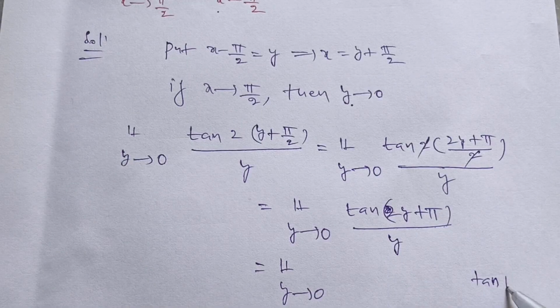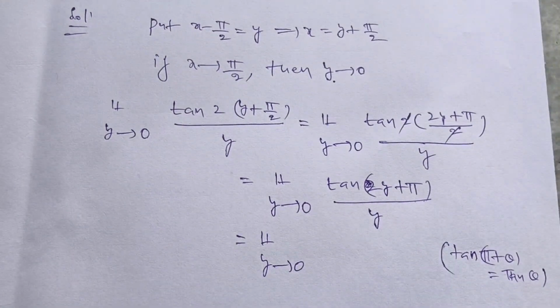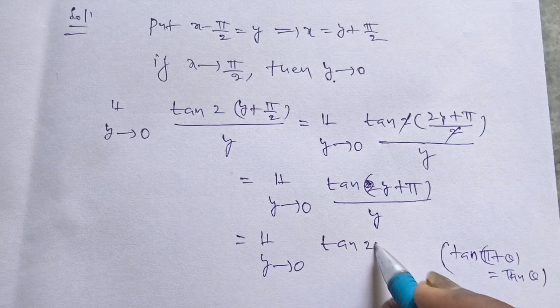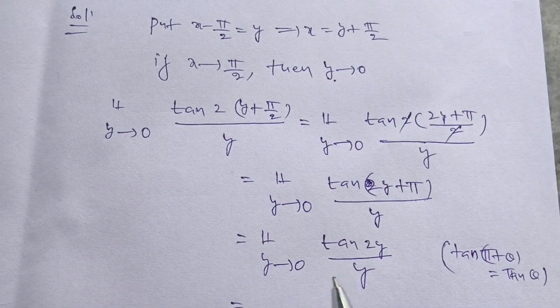So we know that in trigonometric ratios, tan of theta plus 180, or tan of theta plus pi, is always equal to tan theta. That's why here the numerator is of the form tan of 180 plus theta, where theta value is 2y.